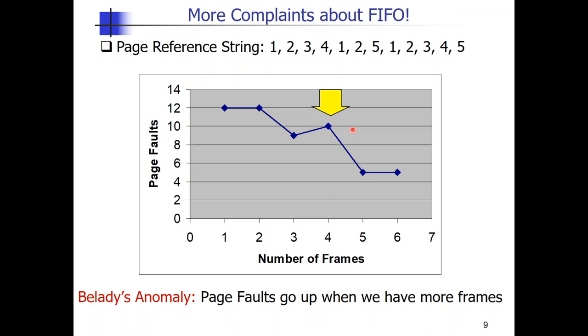It can be arbitrarily large. So for particular strings, when there is an increase in the physical memory, there could be an increase in page faults, which could be arbitrarily large. So it's unbounded. The anomaly says page faults go up for certain reference strings when we have more frames.